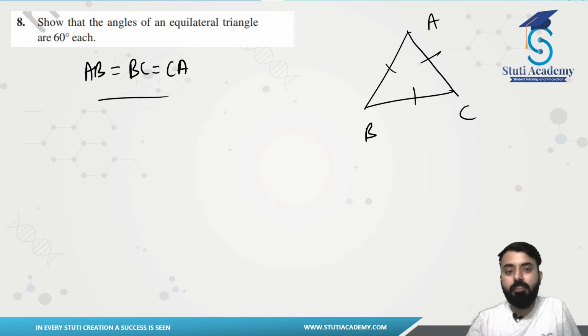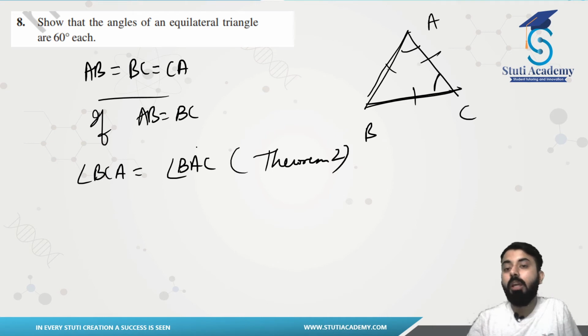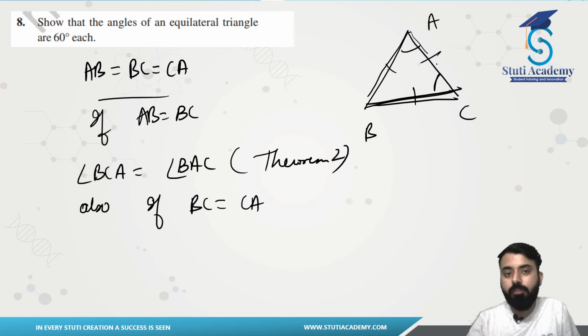If this is the case, firstly, if I only assume AB is equal to BC, then these two angles have to be equal. That means angle BCA must be equal to angle BAC, right? Using theorem 2. Also, if BC is equal to CA, then I can say these two angles should be equal.